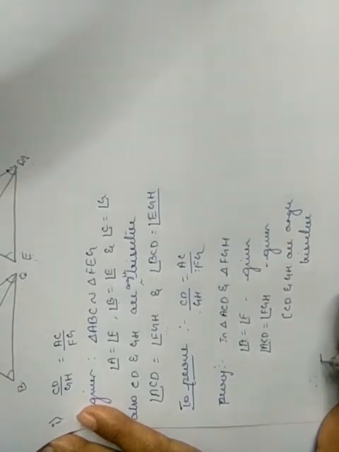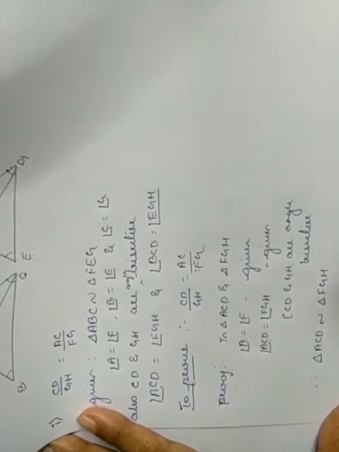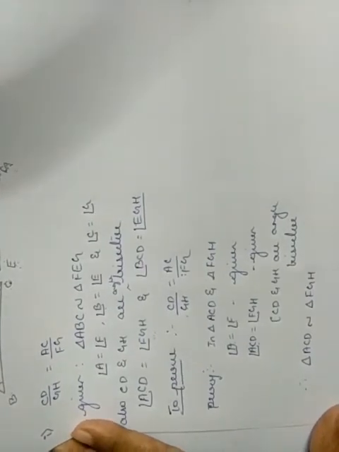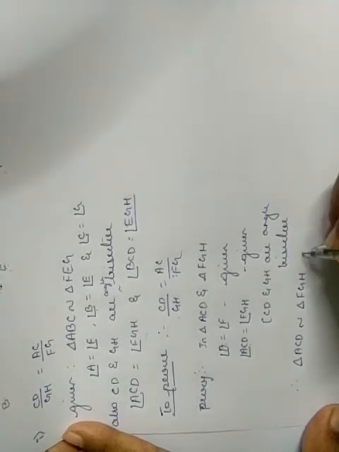Therefore, triangle ACD is similar to triangle FGH. If these two triangles are similar, then we can write their corresponding sides are in the same ratio. This is by angle similarity.